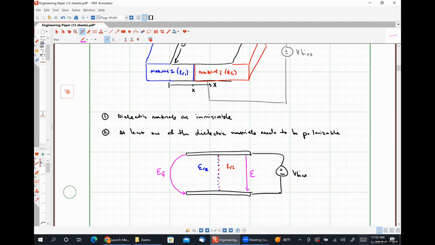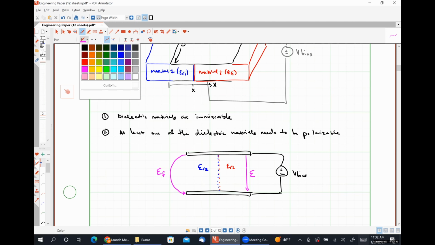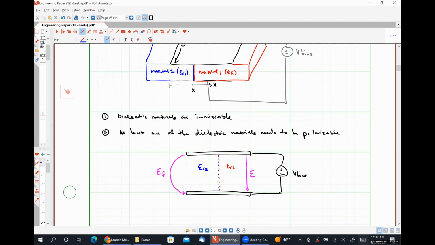So what I mean by that is that if material 1 is able to be polarized, meaning that it has electrical dipoles, it will orient itself in the direction of our fringing fields, which will in turn produce a force Fp that is directed into the capacitor.